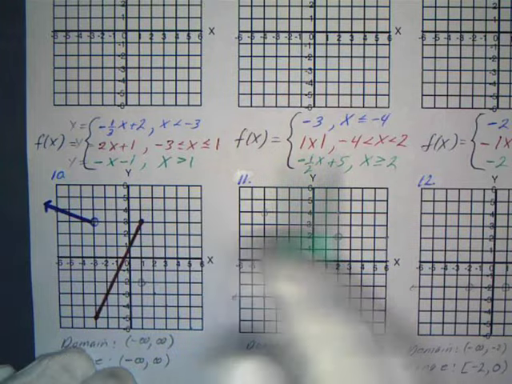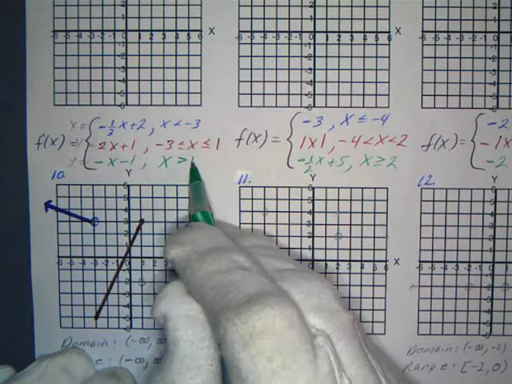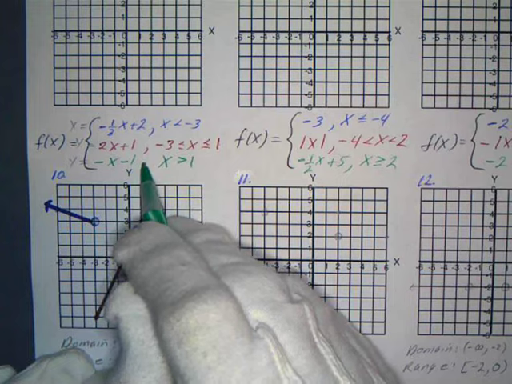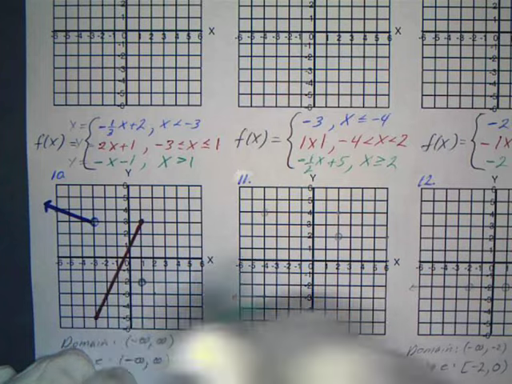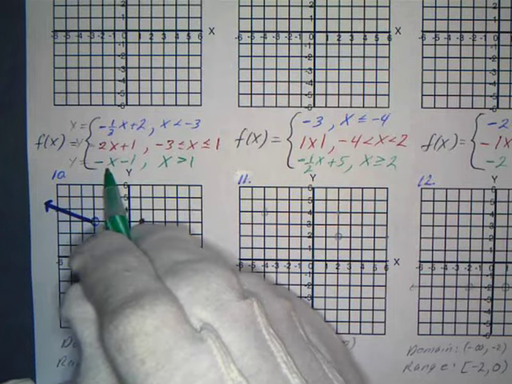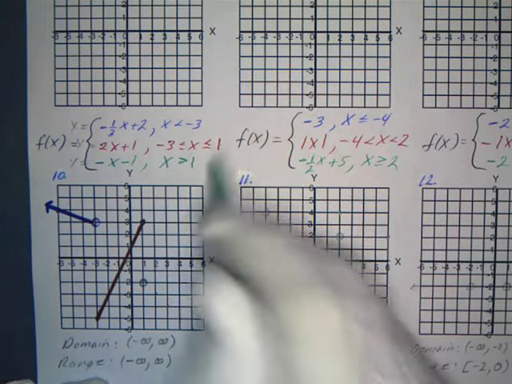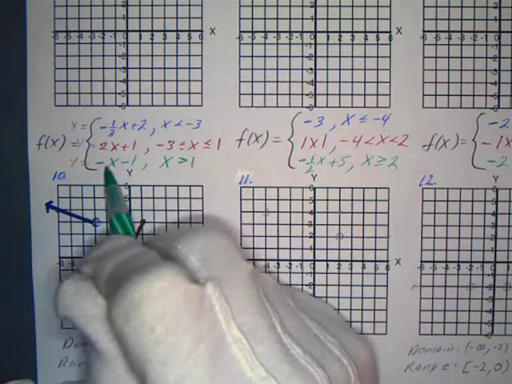All right, and then my third function, the green one, y equals negative x minus 1 for x greater than 1. So I'll put 1 in here, and negative 1 and negative 1 is negative 2. So when x is 1, y is negative 2. It's a circle. And I can try another point. Why don't I try 5? When x is 5, this becomes negative 5.